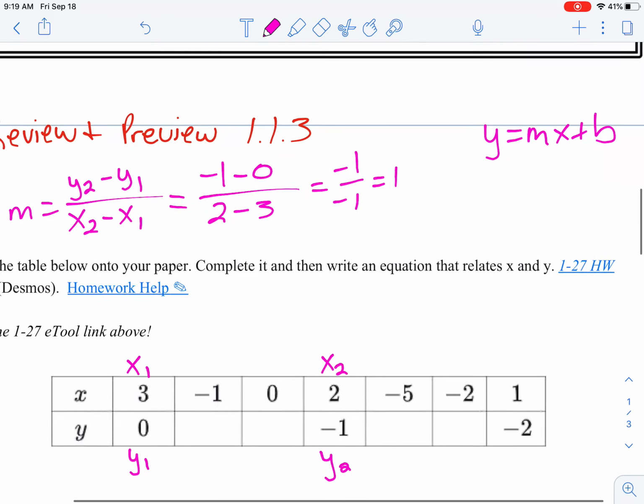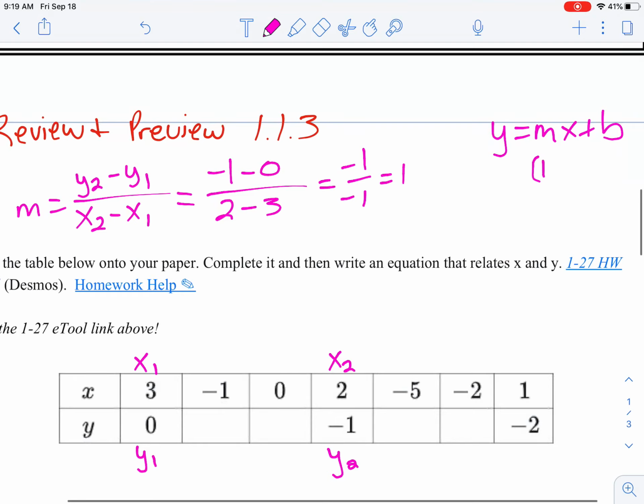So now that I know my slope is 1, I can plug that into the equation. I don't know my b value though, because your b value is your y-intercept. So when x is equal to 0, what's your y? We don't have that information. So what we can do is plug in one of the points that they give us. I like to use the smaller positive values because they're easy to calculate.